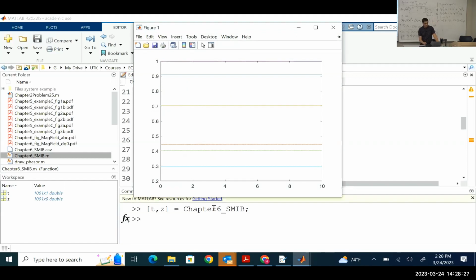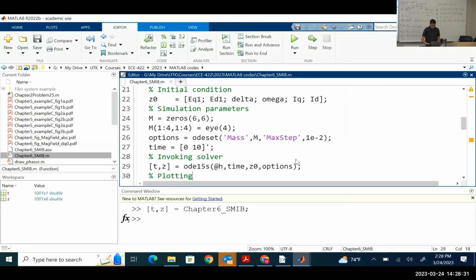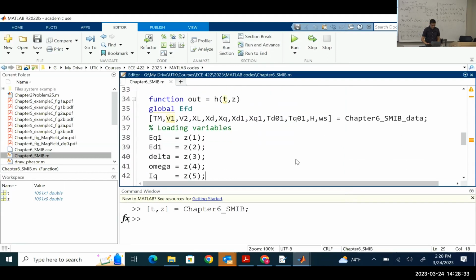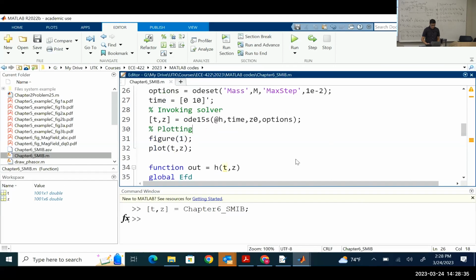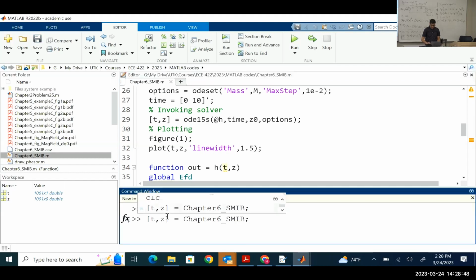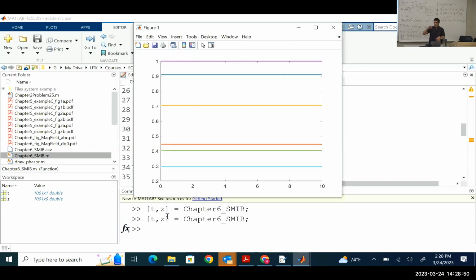That's what we expected. For plotting reasons, I would like to increase the line width so we can see this clearly. So by doing that, then the line should be thicker.